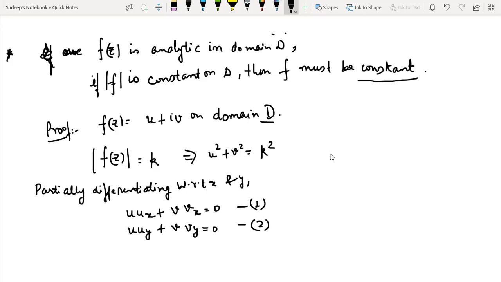Okay. And we already know that because the function is analytic on domain D, ux must be equal to vy and uy must be equal to minus vx. This we already know.